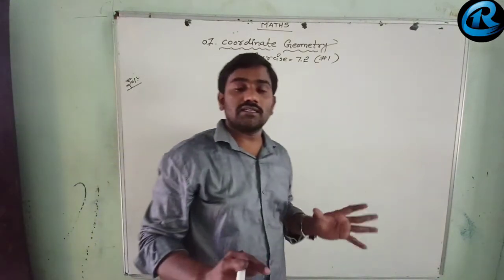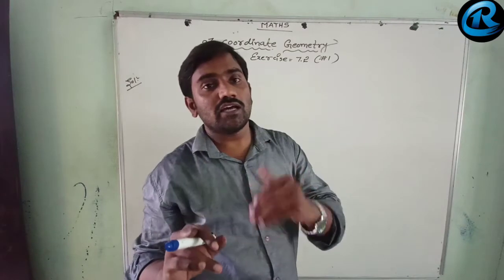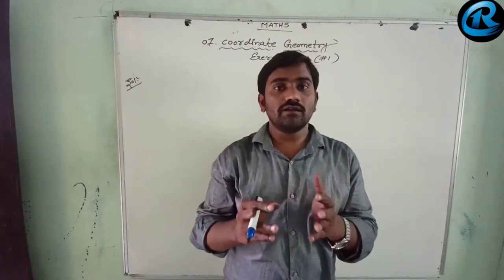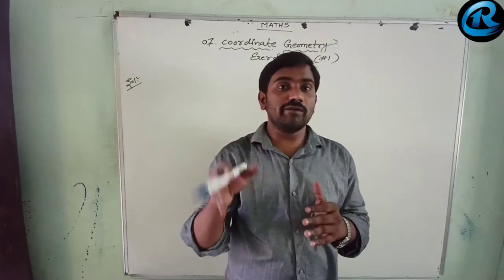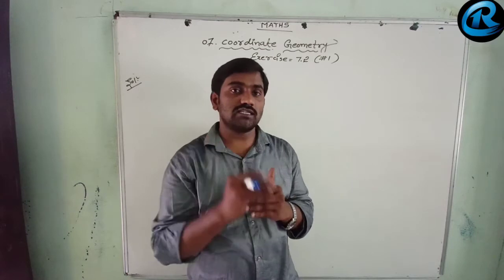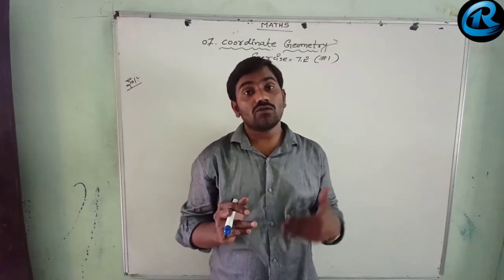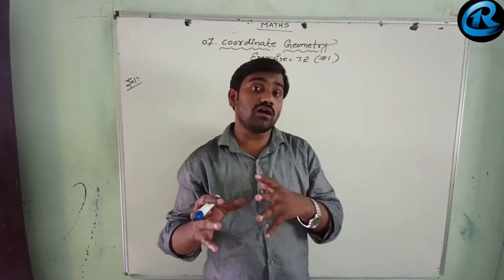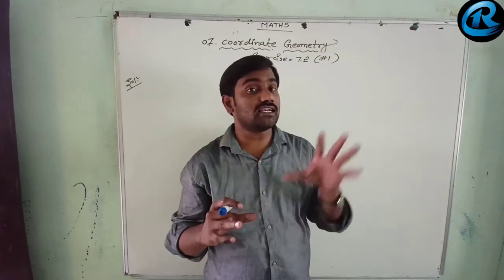So in exercise number 1 they are given 4 points. They ask you to check whether it is a parallelogram or not. So what we have done, 4 sides AB, BC, CD, DA find out చేసాం. All the sides, that means opposite sides are equal అని ప్రూవ్ చేసి, diagonals not equal అని ప్రూవ్ చేసి parallelogram అని చెప్తాం. So 6 times we have gone through the distance formula in the exercise number 1.